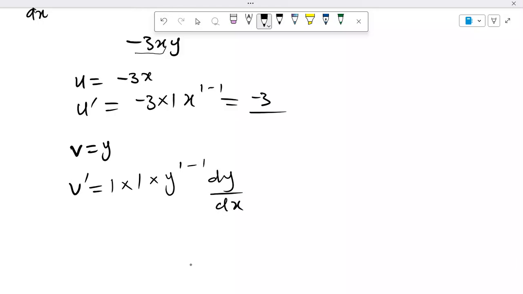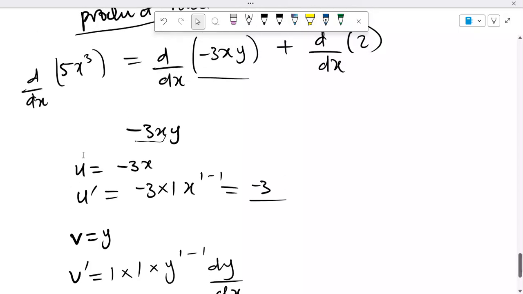Don't forget, because this is a y value. So v prime equals 1 by 1 is 1, 1 minus 1 is 0, y to the power 0 is 1, so we just have dy/dx. You can write, even if you want, 1 times dy/dx.